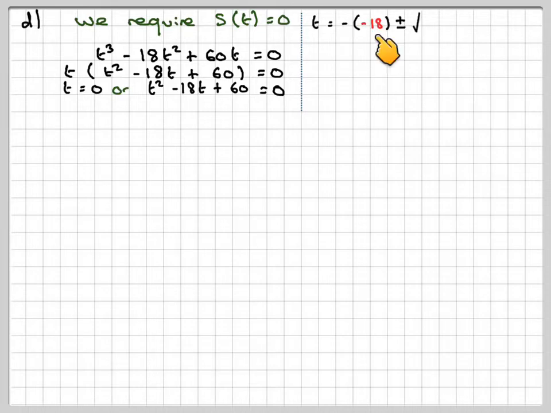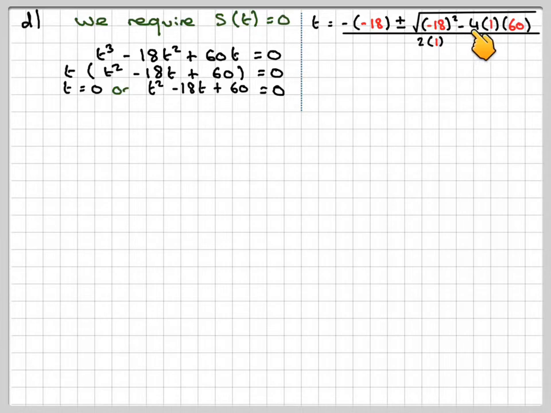So using the quadratic formula, we get minus minus 18 plus or minus the square root of 18 squared minus 4 times 1 times 60, all over 2 times 1. That on your calculator will give you 18 plus or minus 2 root 21. Most modern calculators will work this out in surd form for you, all divided by 2. 2 goes into 18 9 times, and 2 goes into that once, so we end up with 9 plus or minus root 21.